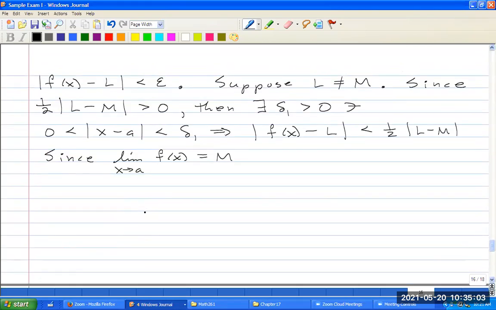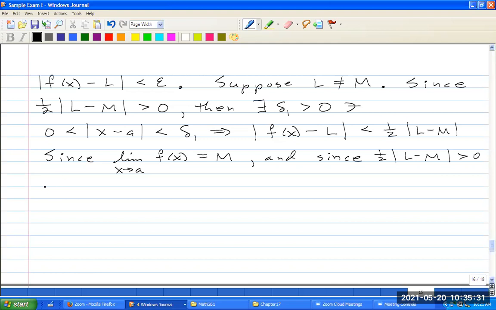Then, since 1/2 L minus M is greater than 0, I can make that my epsilon.